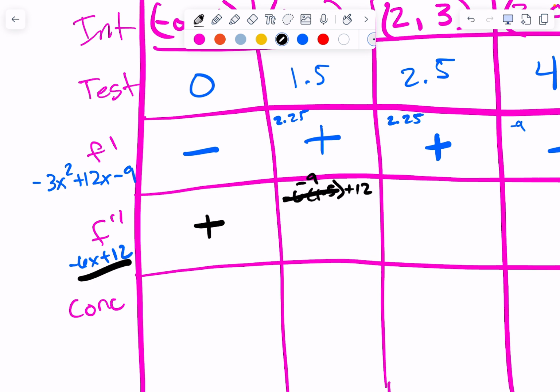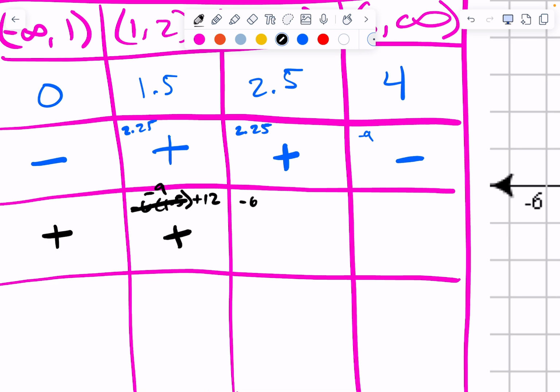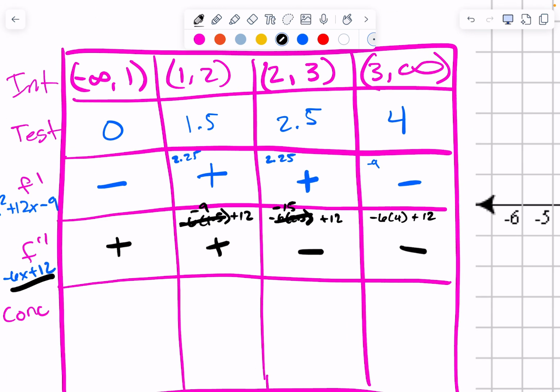Negative 9 plus 12, positive. If I plug in 2.5, negative 6 times 2.5. What's 6 times 2.5? 15. So negative 15 plus 12, negative. If I plug in 4, negative 6 times 4 plus 12, that's going to be negative 12. Okay, good?